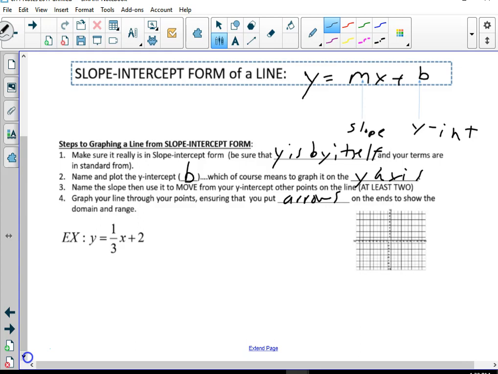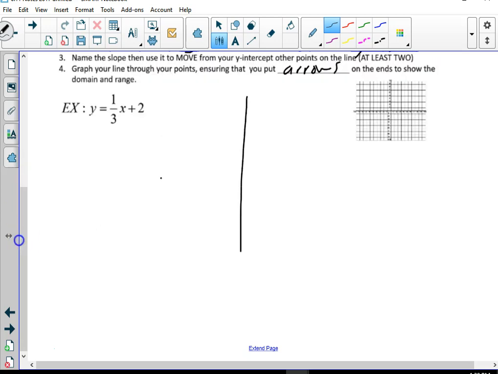Now, yes, this is small, but instead of using that, let's just have it grow. We got the space. Okay, so the y-intercept is 2. Pay close attention because this is one of the most common things I see. I still see it in Algebra 2, juniors and seniors making this mistake.